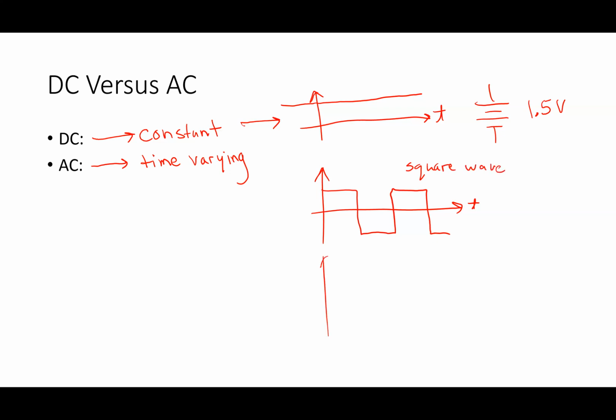The other common one that we deal with would be the sine, and we use sine and cosine kind of interchangeably. Cosine is different than sine, obviously, but oftentimes we're going to say AC waveforms are sinusoidal.